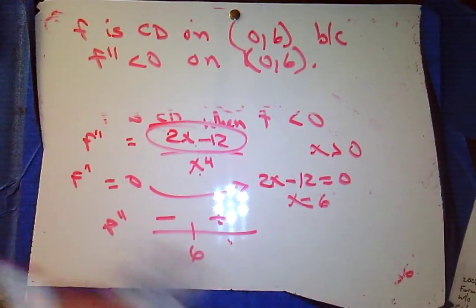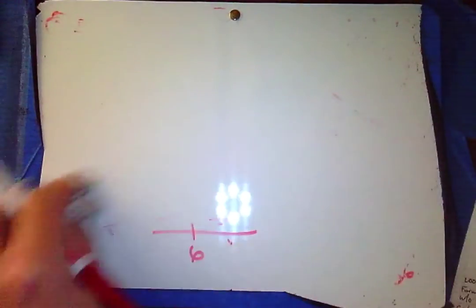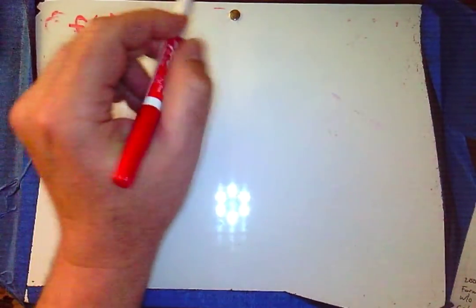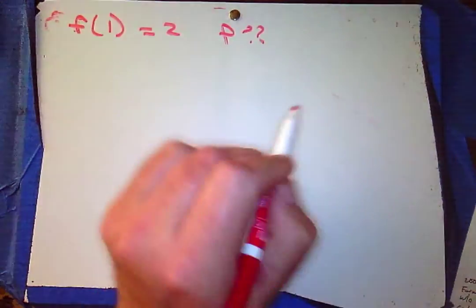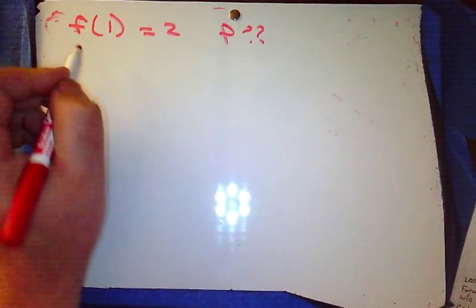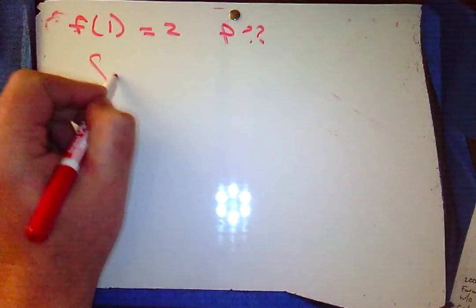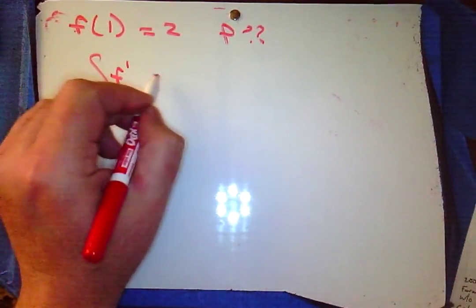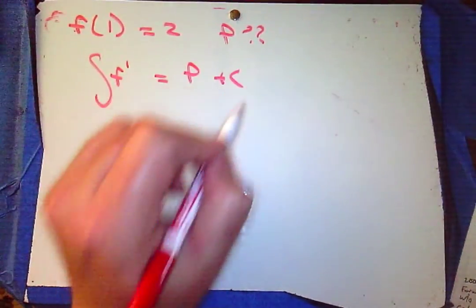And then finally part C for number 7. Part C says, given that f of 1 equals 2, determine f. Okay, well, I know that the integral of f prime will give me f plus c.